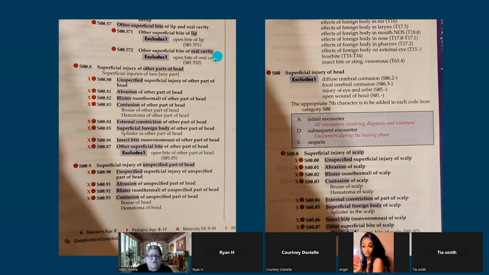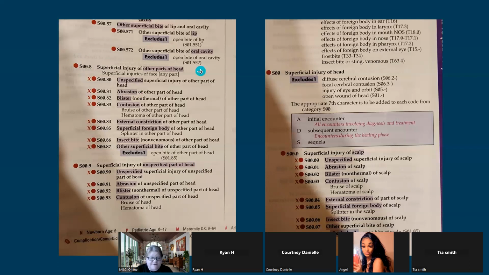All right, so we start going through our indents, right? S00.80, superficial injury, other part of the head. And then we look down and just look at the highlights, y'all. Unspecified, abrasion, blister, contusion. That's what we're looking for, contusion. Contusion of other part of the head, bruise of other part of head, hematoma of other part of the head.